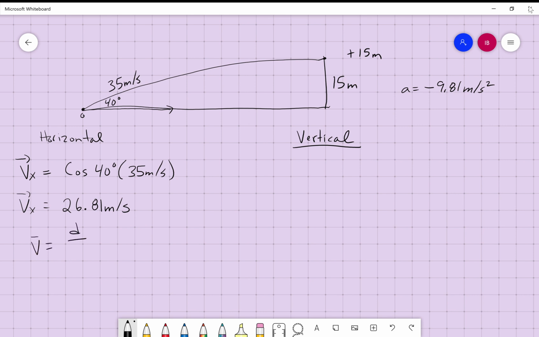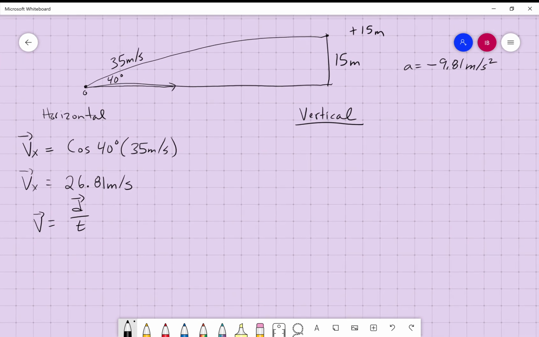So this will help us determine the entire displacement afterwards, because our velocity is equal to our displacement over time. But we don't have our time. We have the velocity, it's 26.8. We do not have the displacement yet, or the time. So we're going to use the formula for our vertical calculation to find out our time, essentially the total flight of the golf ball from the time it leaves the tee to the time it lands in the hole.